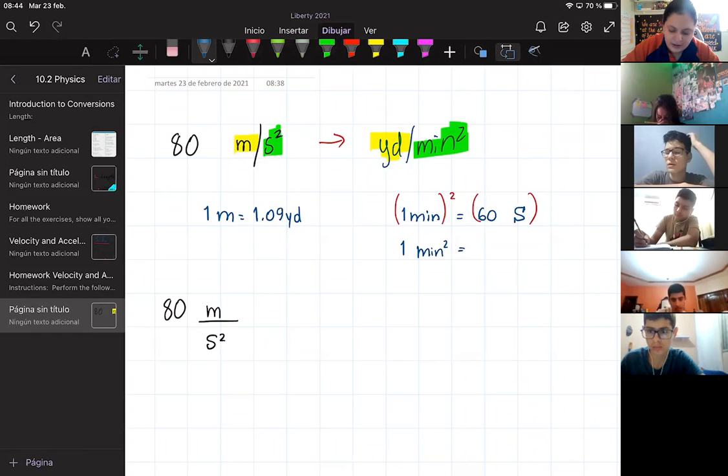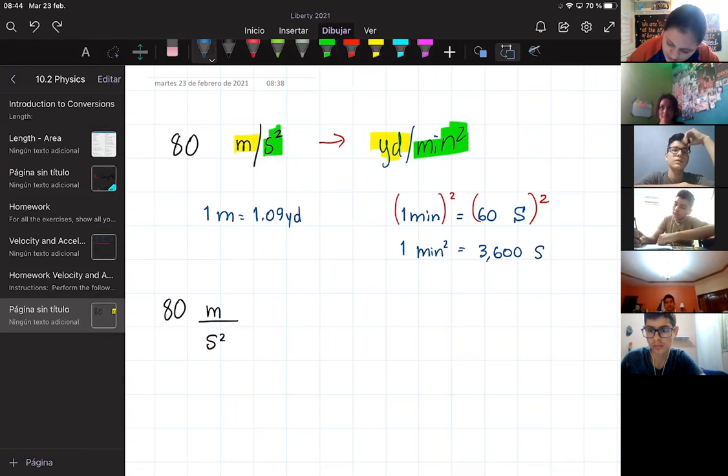Okay? And then here again, raised to the second power, 60 to the second power is 3,600. And then seconds to the second power is the unit, second squared.